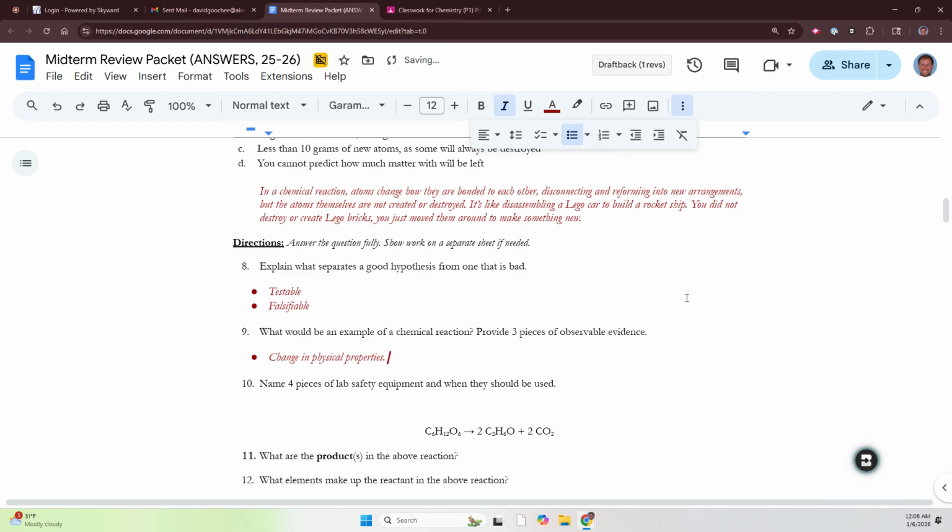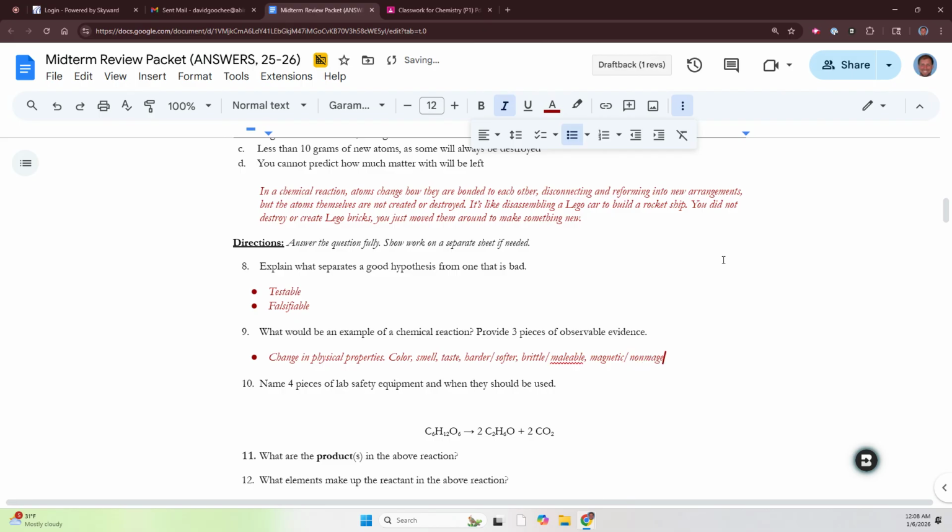So things like if a new color appears, or a new smell or a new taste, or maybe the substance becomes harder or softer, or it becomes more brittle, or more malleable. What are some other things? Oh, it becomes magnetic, or non-magnetic.